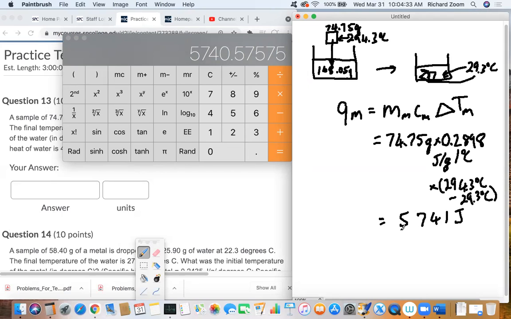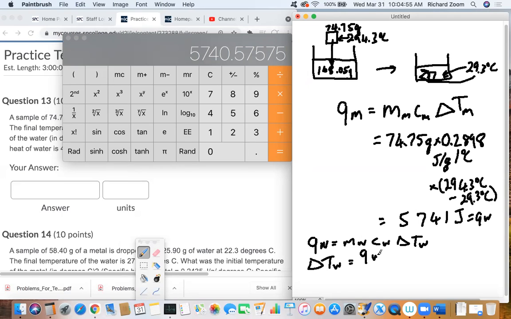And that's also going to be equal to Qw. Now Qw is equal to mass of water times C of water times delta T of water. And what we're looking for there is the delta T of the water, because that's what we're interested in.